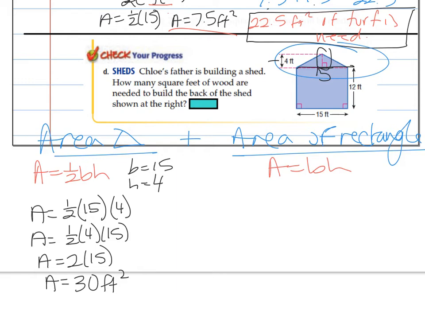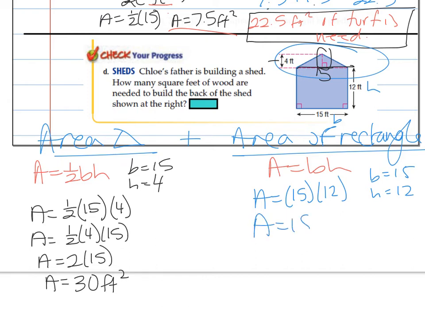For my rectangle then, I know my base is 15, my height is 12. So I plug those in. Area is base times height. So the area here is 180 square feet. So the composite area together will be 30 plus 180, which is equal to 210 square feet.